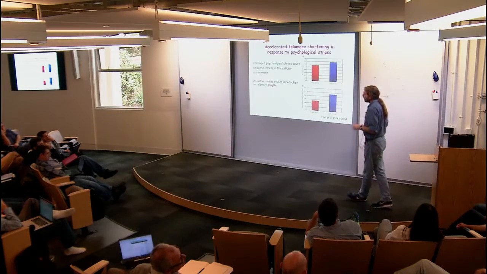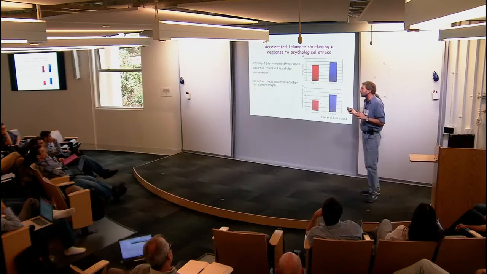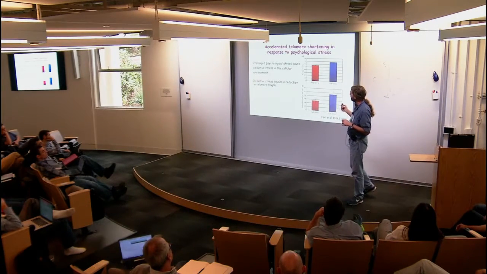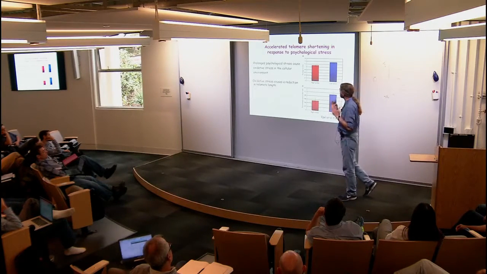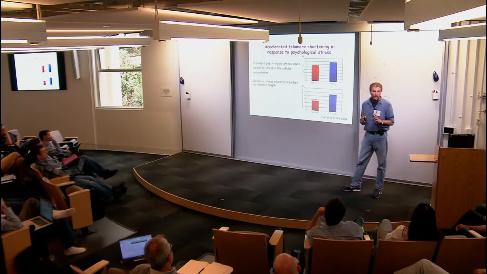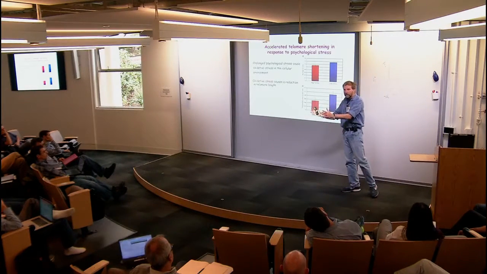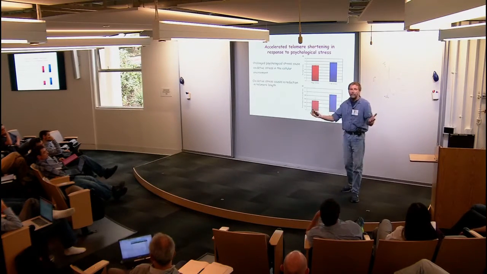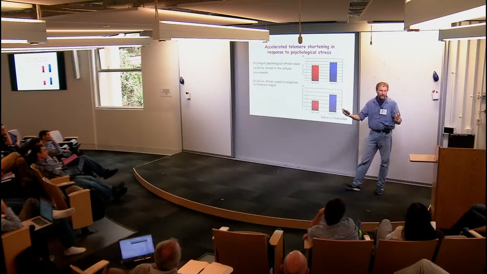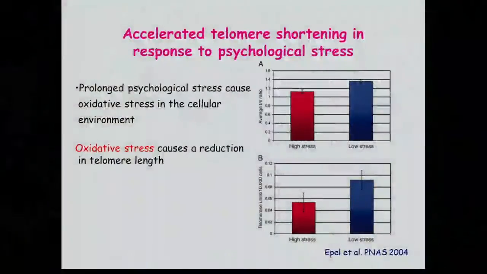But what started our analysis was actually this paper, which really struck me, because the title of this paper was Accelerated Telomere Shortening in Response to Psychological Stress. The basic idea was they took a bunch of people very stressed and a bunch of people very non-stressed, and they compared the telomere length, and they decided that psychological stress shortens your telomeres.